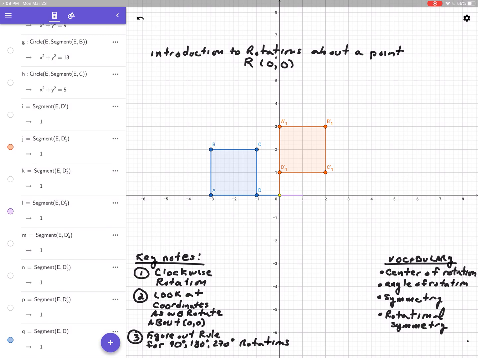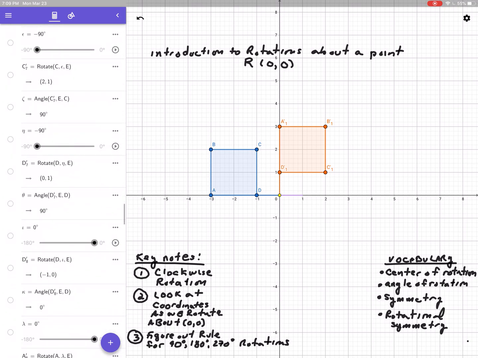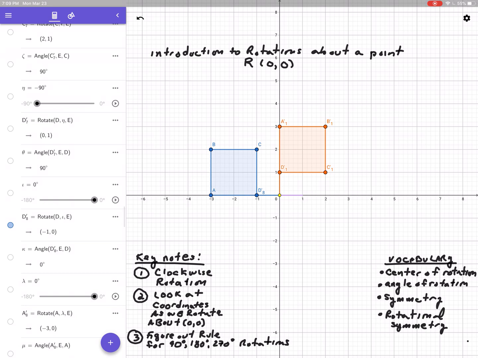And we're going to make sure that we select the right one. There we go. Rotate this and its angle. And now we're going to rotate D using D8 prime 180 degrees. And note the angle as we're rotating clockwise.